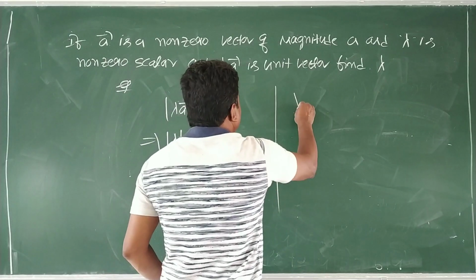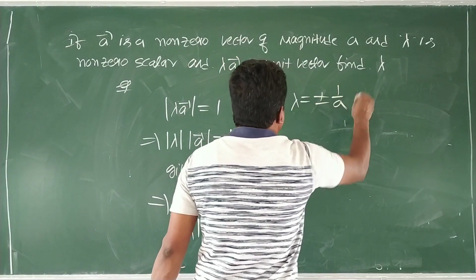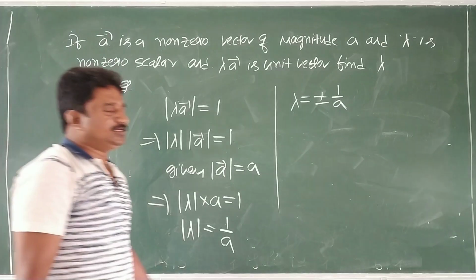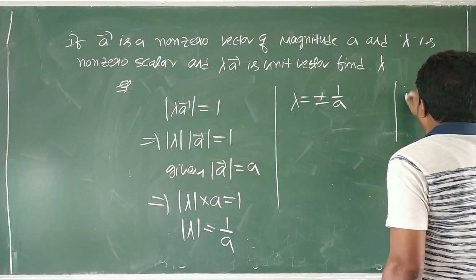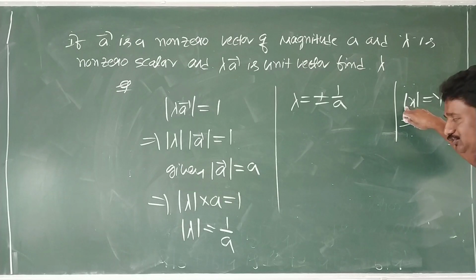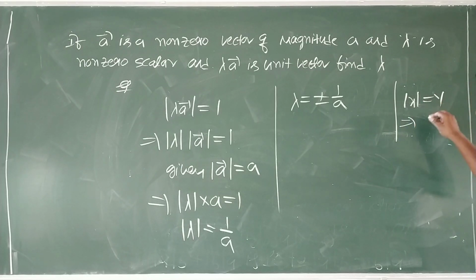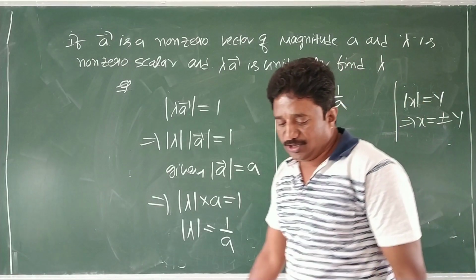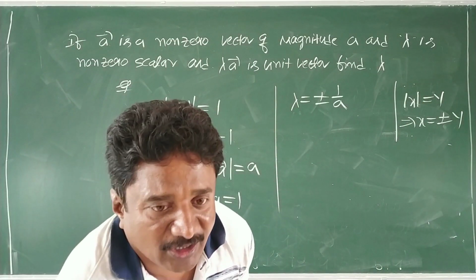Lambda is equal to plus or minus 1 by A. Because if mod x is equal to y, then to remove the mod, x is equal to plus or minus y. So lambda is equal to plus or minus 1 by A. I hope you understood this, friends. This is about your dot product.